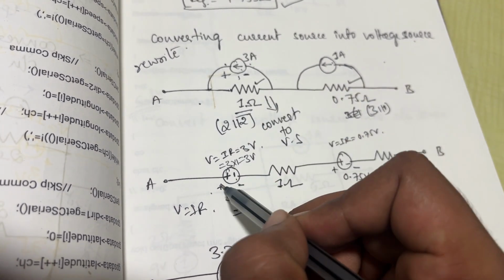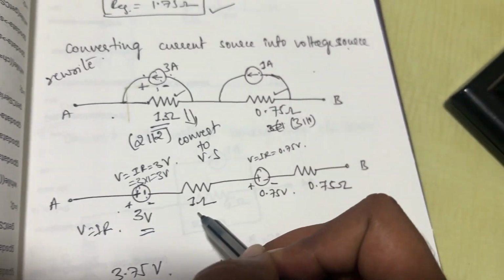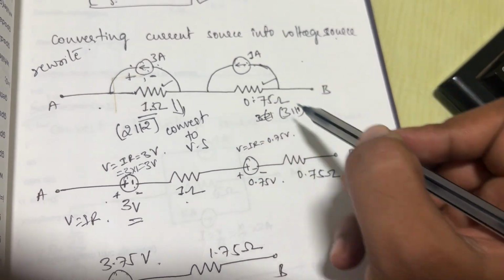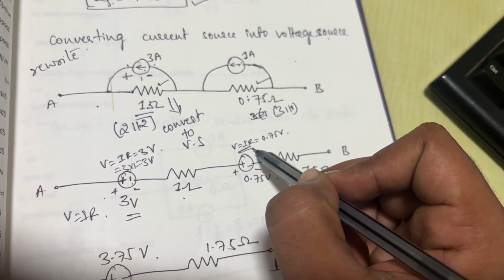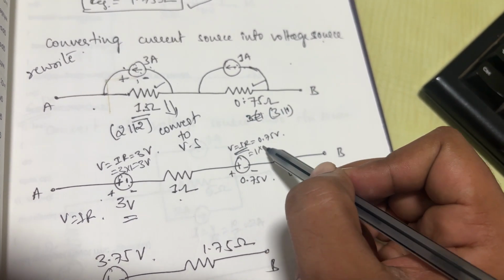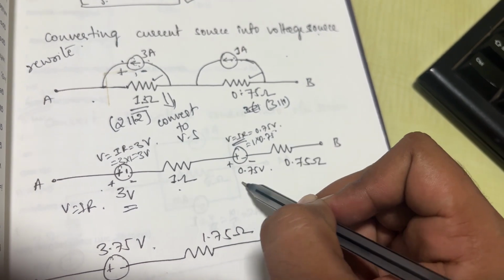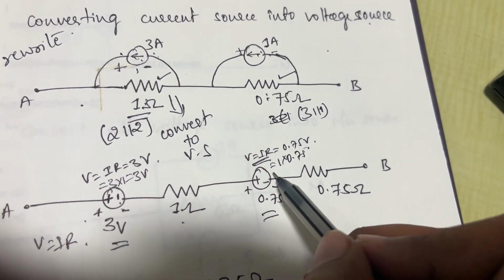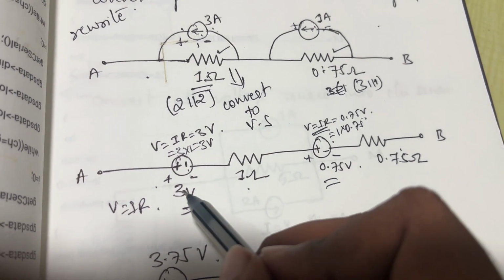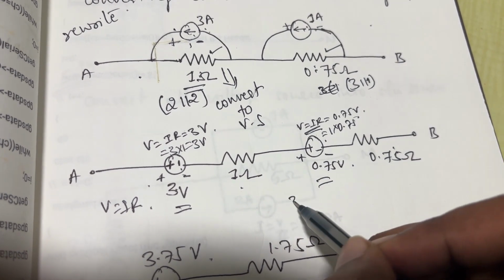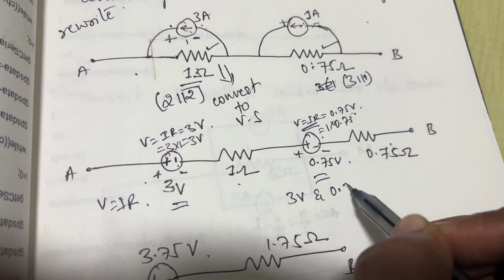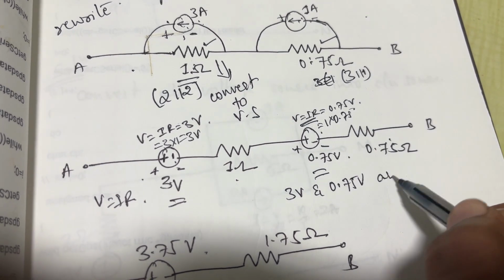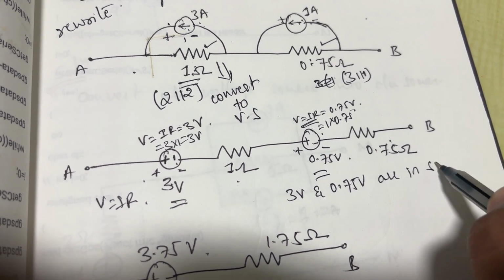The 1 ohm is connected in series instead of parallel for the voltage source. Similarly, for this 1 ampere 0.75, V is given by I into R. You can get 0.75 volts with a polarity of plus to minus, where arrow end indicates plus, tail end indicates minus. So now we observe these 3 volts and 0.75 volts both have the same polarity and they are connected in series.